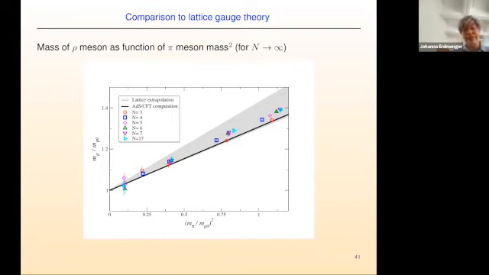And so these colored dots are the results of the lattice gauge theorists, and the result of the gauge gravity duality computation is this black line. Okay. In principle, both communities do the same calculation, but I should say that the lattice gauge theorists needed 6 months on a supercomputer.